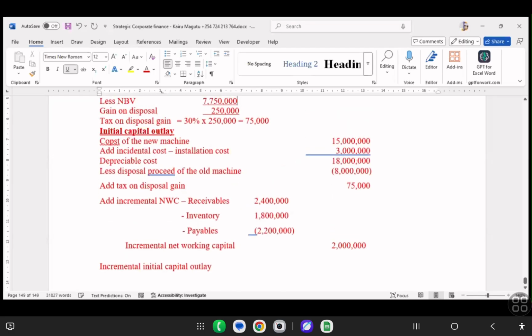Now, someone to give me this: 15 million plus 3 million, that was 18 million, minus 8 million, plus initial capital. How much?